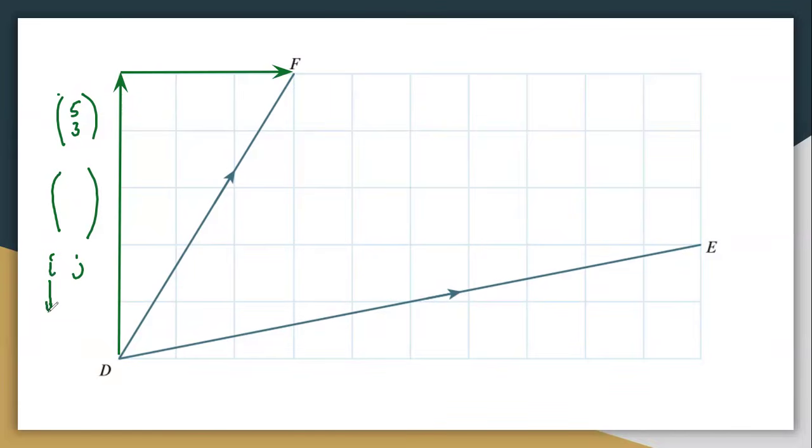X. Oh, my I is 3 and my J is 5. It is 3, 5. Okay, thank you, sir.